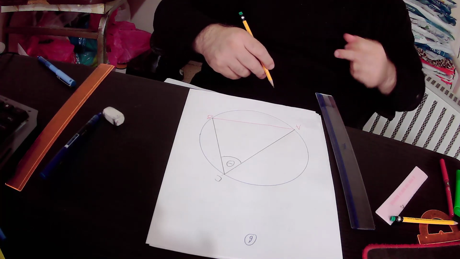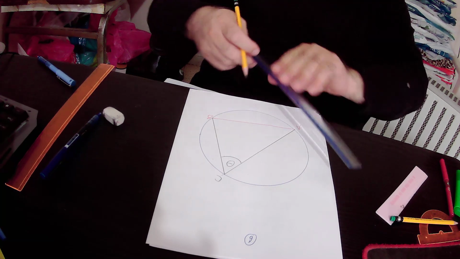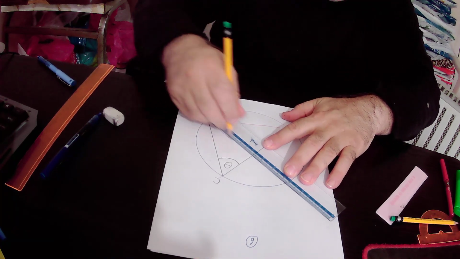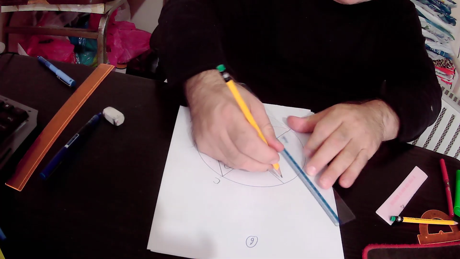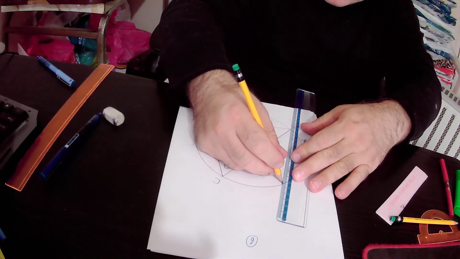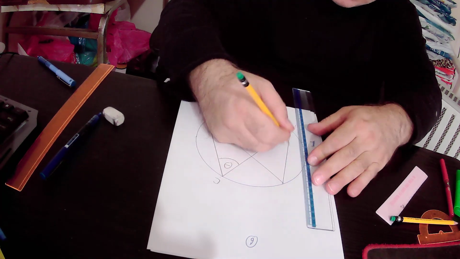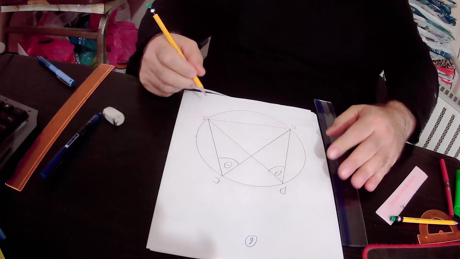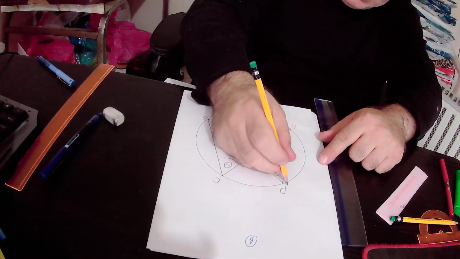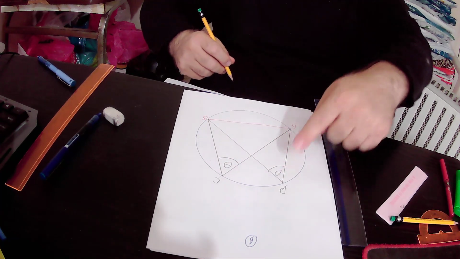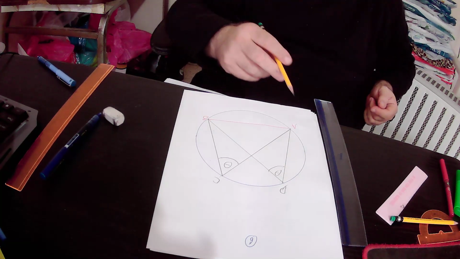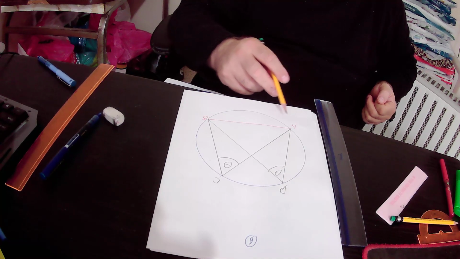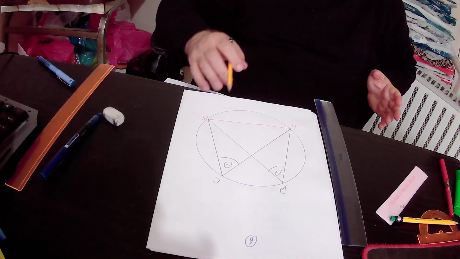And we have also the second angle, angle ADB. This angle also equals theta, and angle ADB also subtends on the same line segment AB.